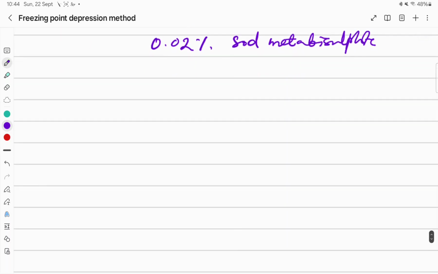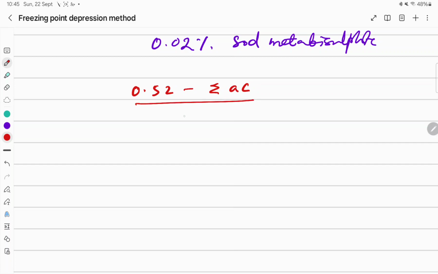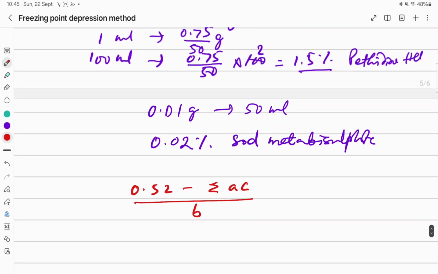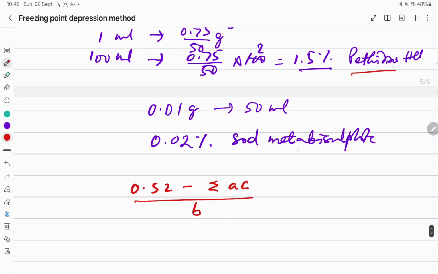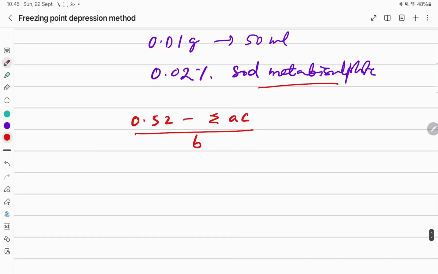So the formula will be like this: 0.52 minus summation of AC by B. So summation of AC means here for pethidine hydrochloride one term, for sodium metabisulfite another term.